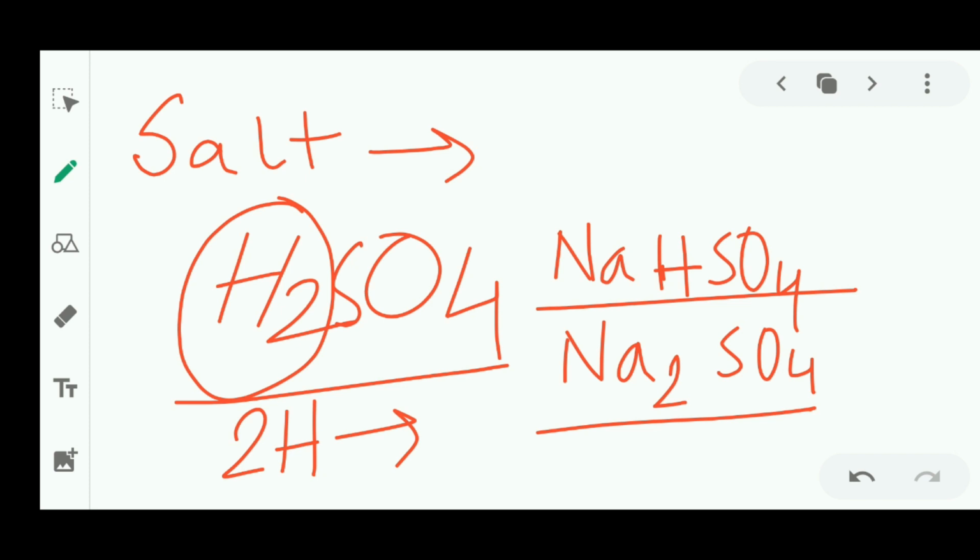Now salt can be categorized into three main categories. At first, normal salt. What do you mean by normal salt?